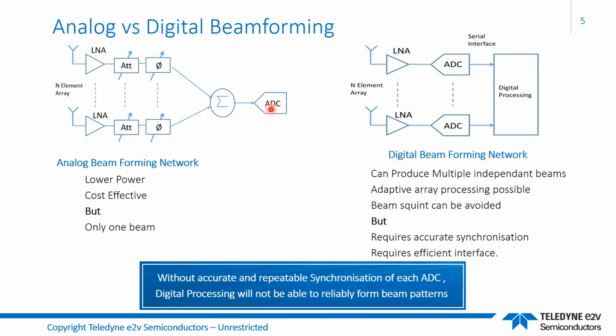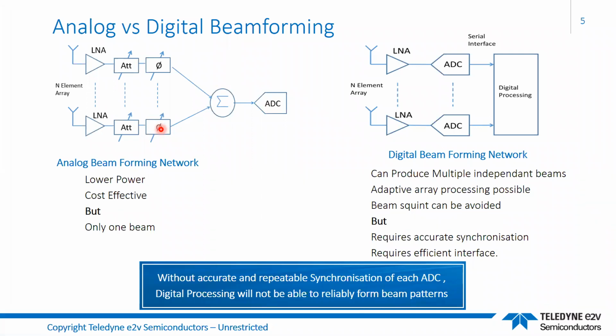And this gives the effect that you saw on the previous slide. You can provide a flexible beam pattern depending on the parameters that you send to the phase shifter, the attenuation and the phase part of this analog system.